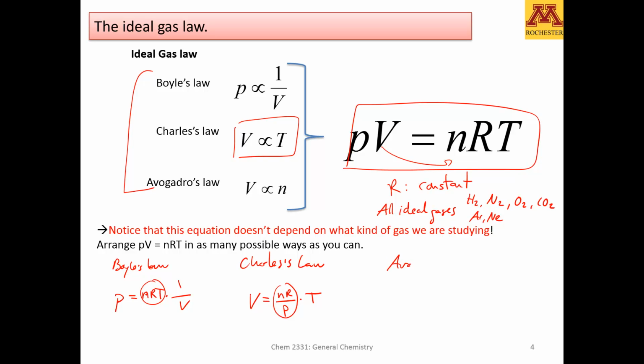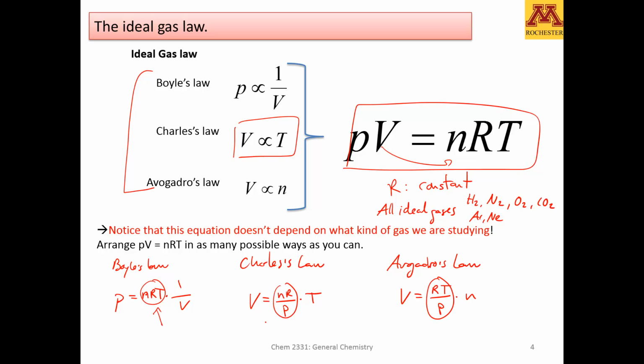And finally, Avogadro's law, in which the volume is proportional to the number of moles. If I move pressure to the other side of the equal sign, I get V equals RT divided by P times n. This is the constant of proportionality.